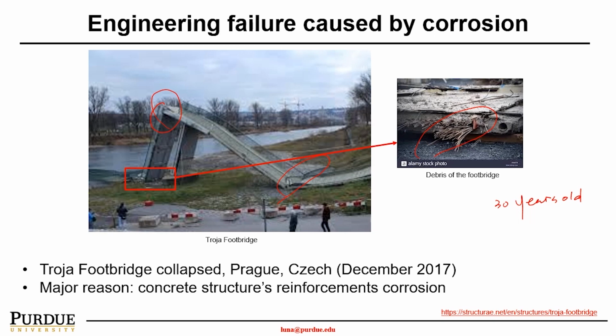So 3 weeks before the collapse, the engineers installed multiple sensors on this bridge to measure the deflection at every 2 minutes interval. So this is very interesting. It's not exciting interesting, it's sad interesting.